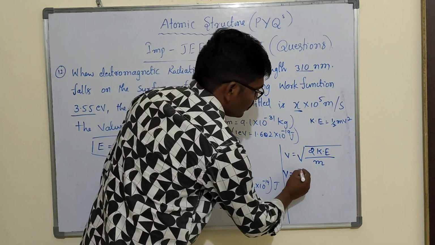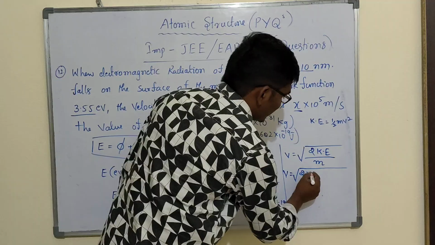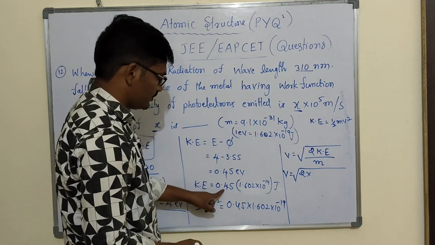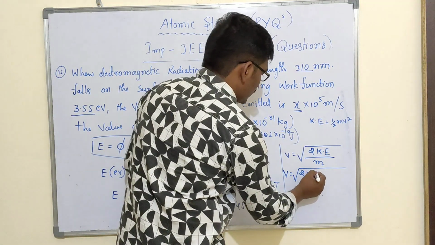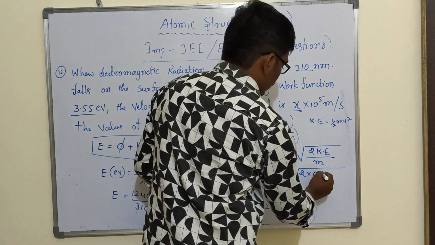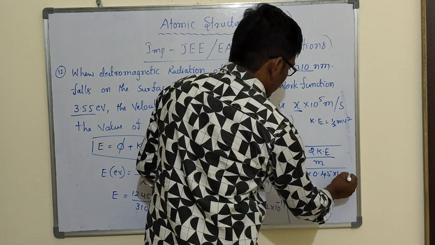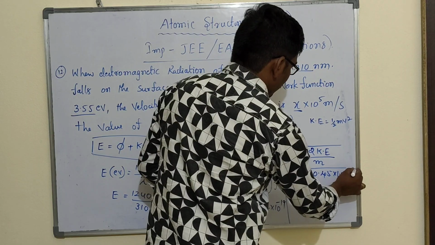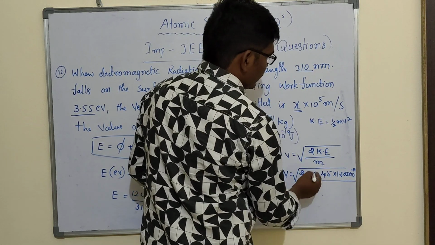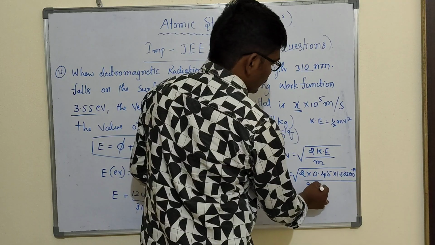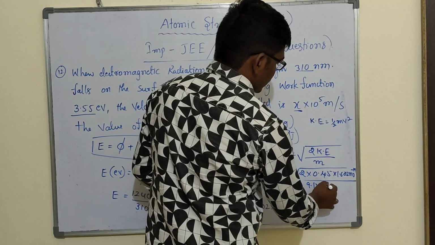Square root of 2 into kinetic energy, how much did you get? It is 0.45 into 1.602 into 10 to the power of minus 19, divided by mass of electron 9.1 into 10 to the power of minus 31.